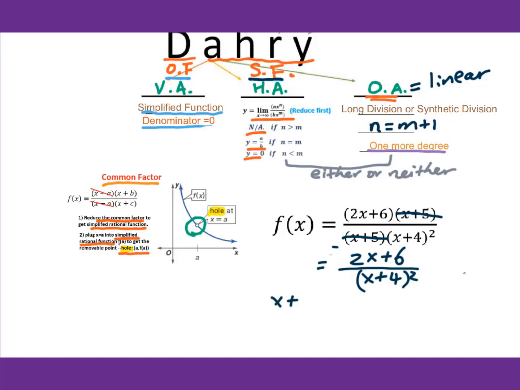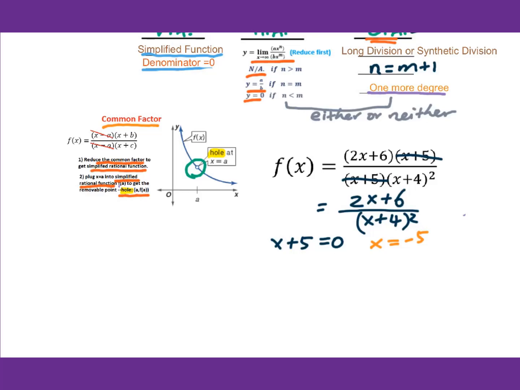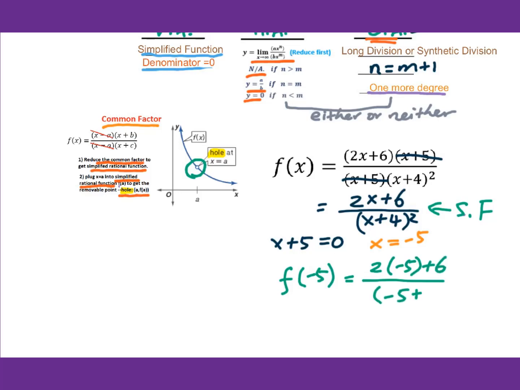You set up x plus 5 equal to 0. This gives x equals negative 5. Now you need to plug this negative 5 into this simplified rational function. You will get 2 times negative 5 plus 6 over negative 5 plus 4 squared.